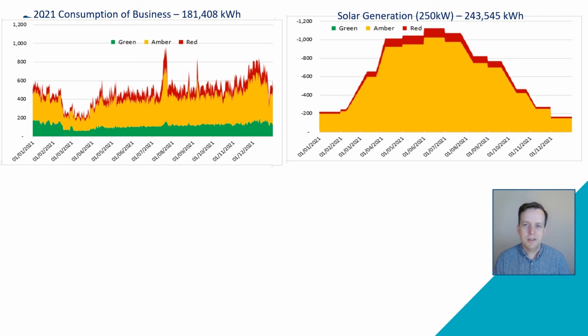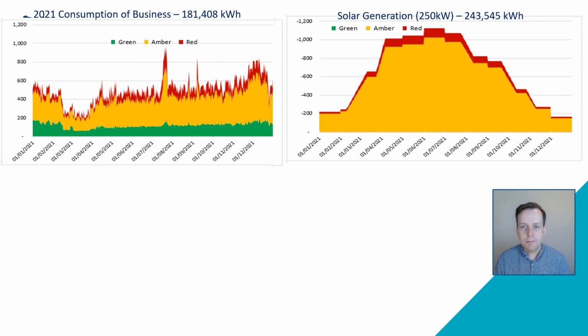Just as a rule of thumb, if you have a 100 kilowatt system, you'd expect 100,000 kilowatt hours out of it. Depends on where you are in the world and the radiant energy, but 1 kilowatt to 1,000 kilowatt hours is nominally a rule of thumb for solar generation.